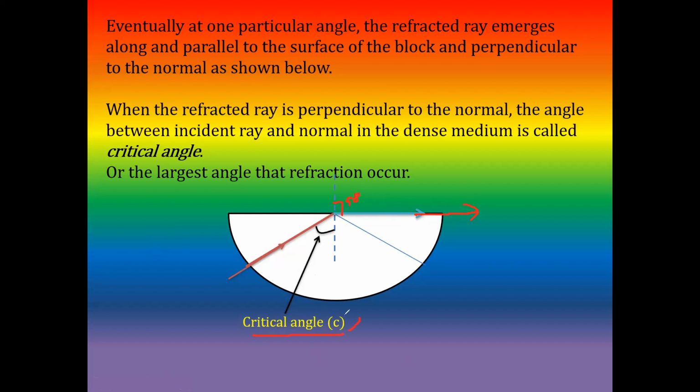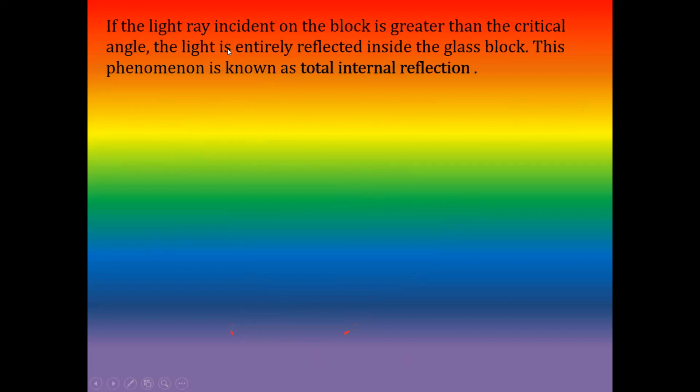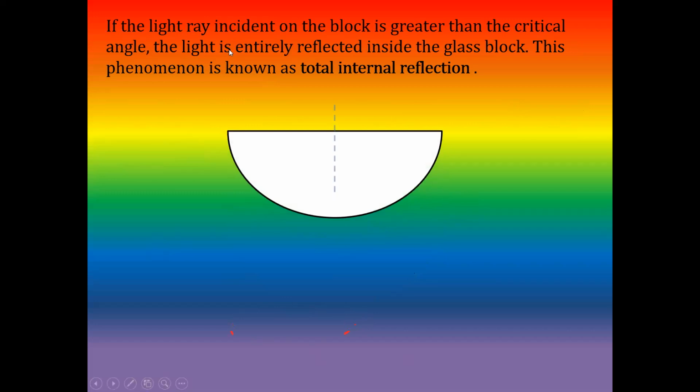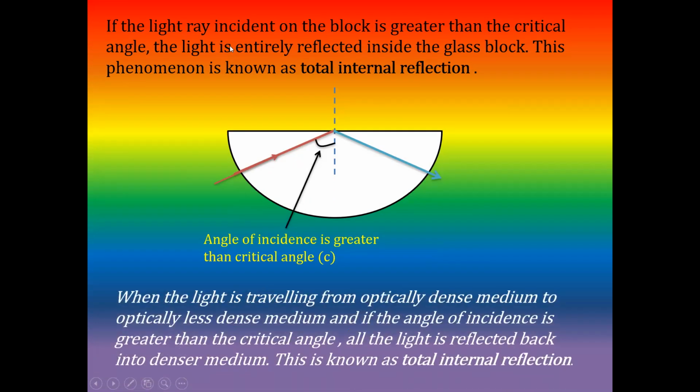So we call this angle of incidence the critical angle. And if we increase the angle more than the critical angle, then what will we observe? We will observe total internal reflection. That angle of incidence is greater than the critical angle. All of the light will reflect back in the same medium. There is no refraction. So this refers to total internal reflection. Is the concept of total internal reflection and critical angle clear?